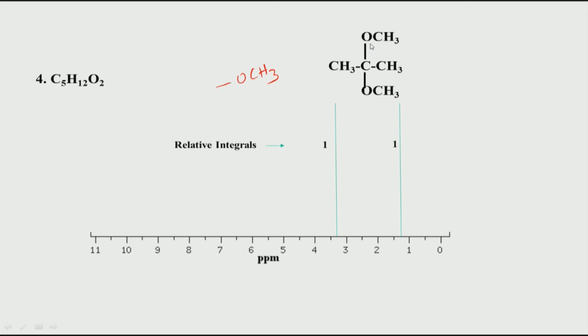You can see there are 2 methoxy groups here, and there are 2 isolated methyl groups, and this methyl is not coupled to this methyl because they are very far away. Similarly, this methyl is also equally far away. This is a very symmetrical structure, and because of the symmetry, these 2 methyls are equivalent, and together they correspond to this peak.